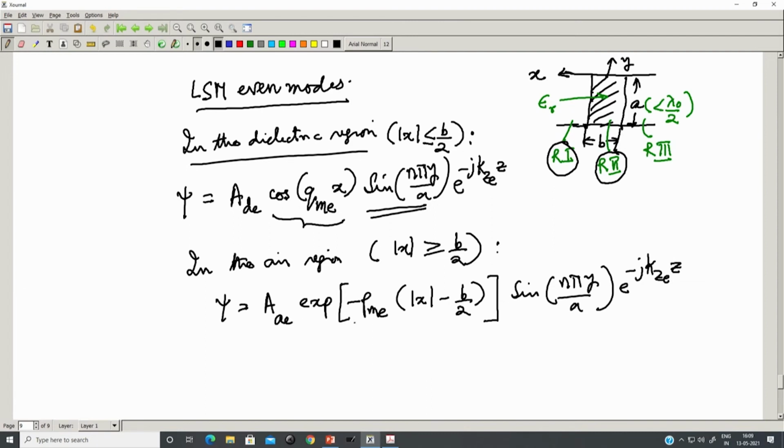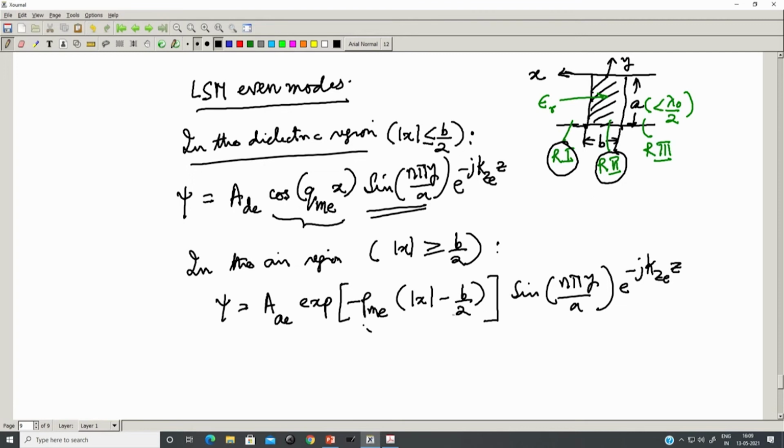In order to describe the variation of the fields along the x direction, it is evanescent, the waves are decaying down along the x direction. So, in order to describe that behavior, minus p_me is the eigen number in the air region, mod x minus b by 2, because the decaying starts from here.